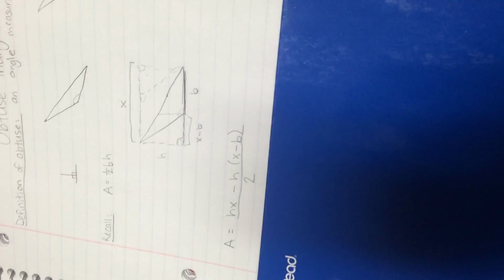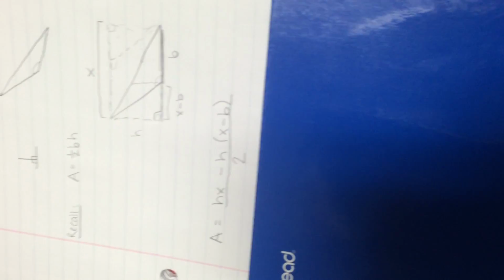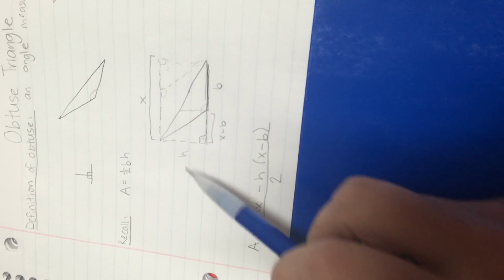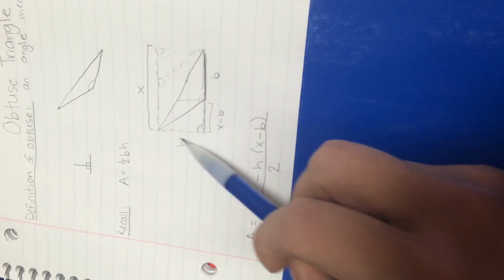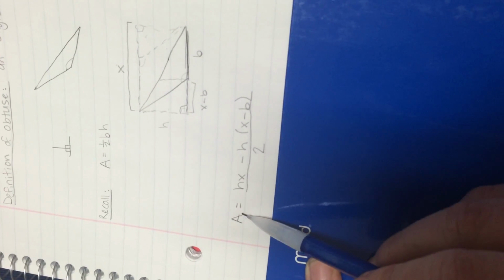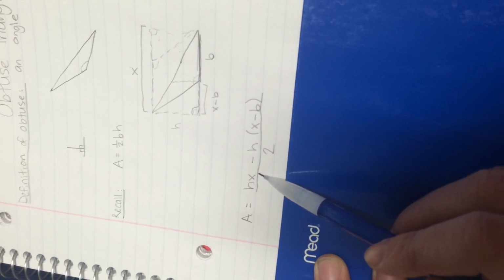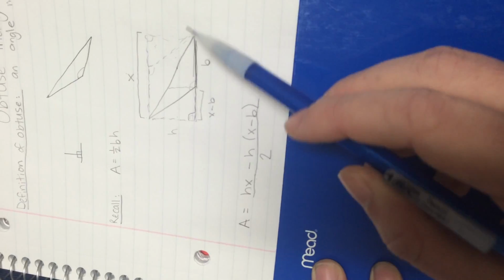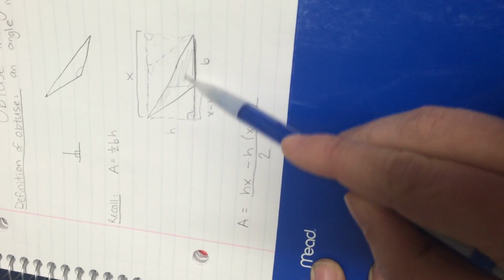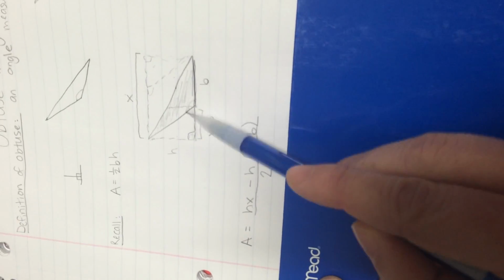So now we have to use our formula to prove that a equals 1/2 base times height. So we're going to do the height of the whole rectangle times the length of the whole rectangle. So it's a equals h times x to start with. But we don't want to find the area of the rectangle. We want to find the area of the obtuse triangle, just this chunk that we started with.